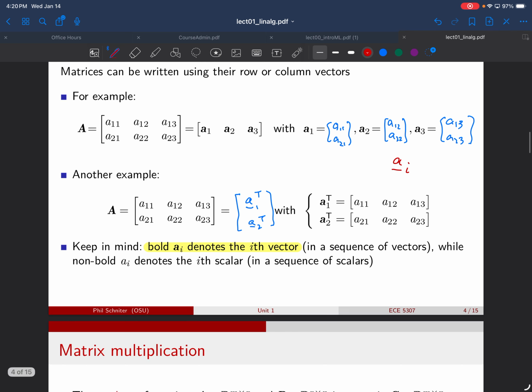If I want to talk about the ith element of a vector, what I could do is I could say, okay, I have a vector A. Now I'm going to extract the ith element, and I might call that a sub i, where this is a scalar, and this is a vector. Okay, is that making sense?